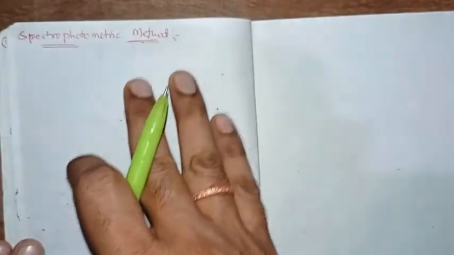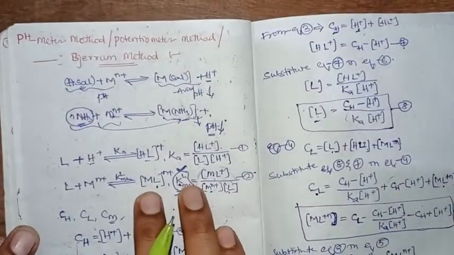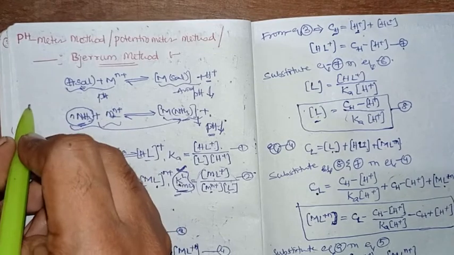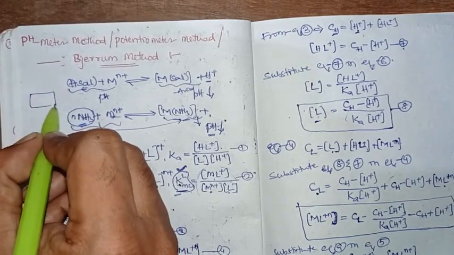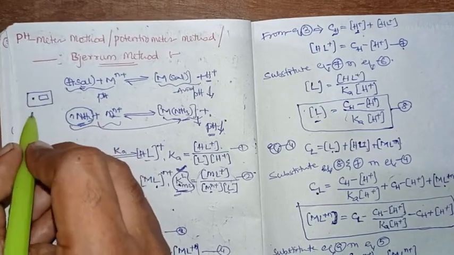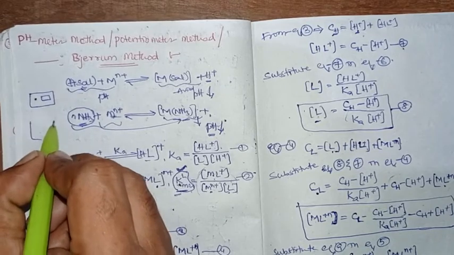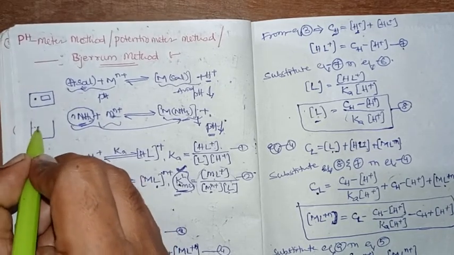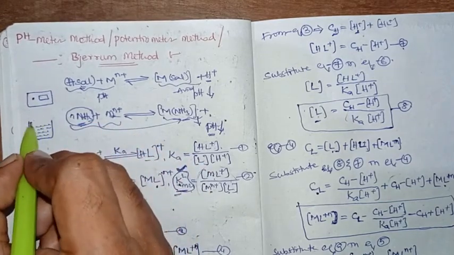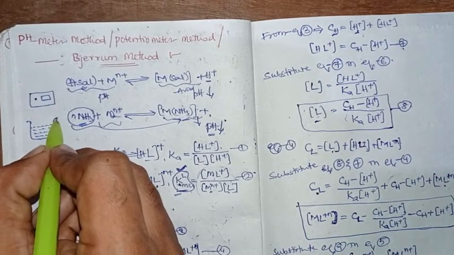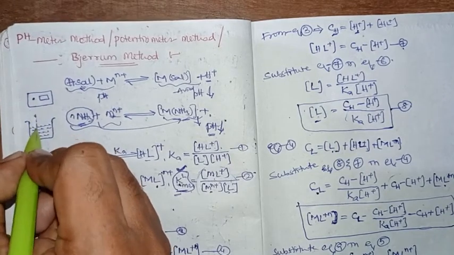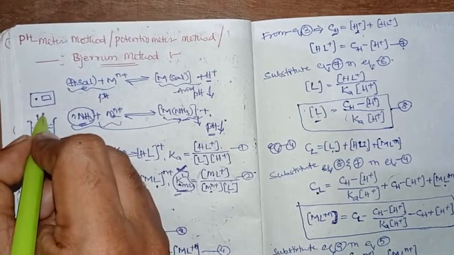Before going into how the instrument works, I would like to explain the pH meter. Initially I should have given this explanation, but I forgot. So here I will explain the pH meter and how it is operated in the laboratory experiment. There we will use a pH meter.